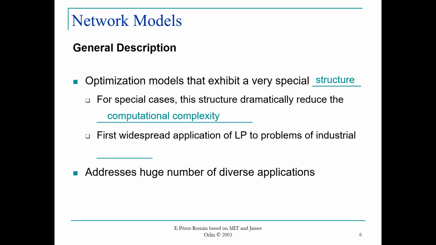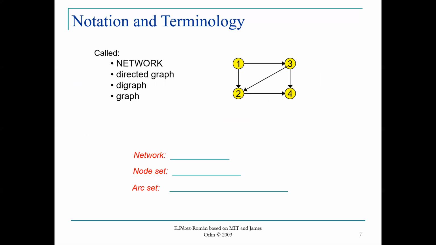We want to make sure that we can solve the problem, still get the same solution, but get some savings in terms of computational effort. So first, the widespread application of LP to problems of industrial logistics, as I mentioned, such as the transportation problem, addresses a huge number of diverse applications.